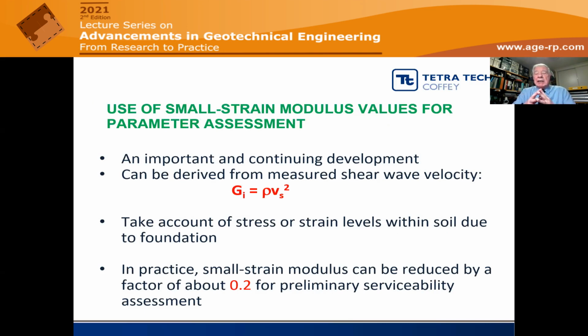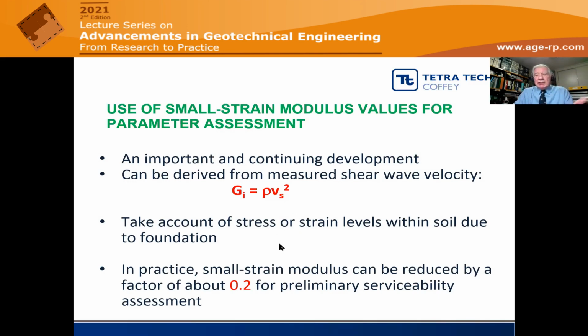There is a direct correlation between the small strain shear modulus, G0, and the shear wave velocity, Vs, that you can measure either with geophysical methods or with methods such as seismic cones. And rho here is the mass density of the soil.